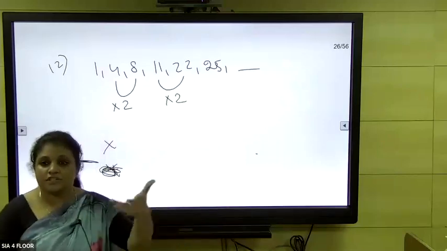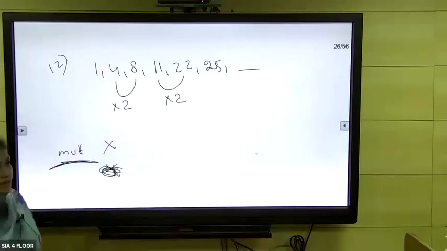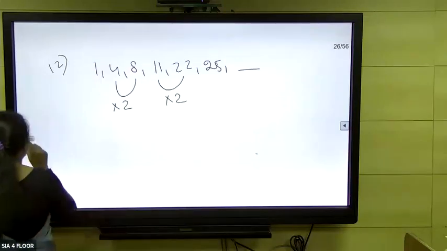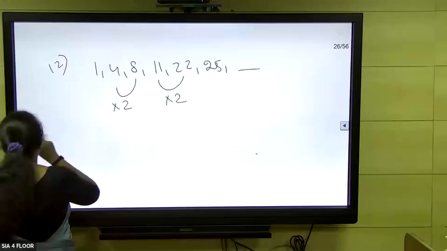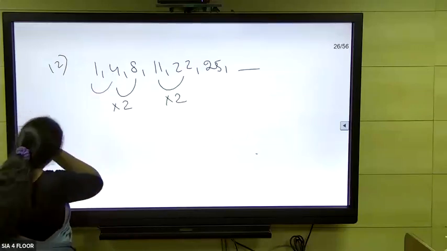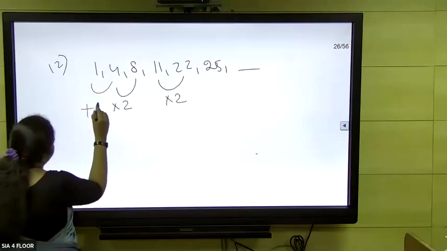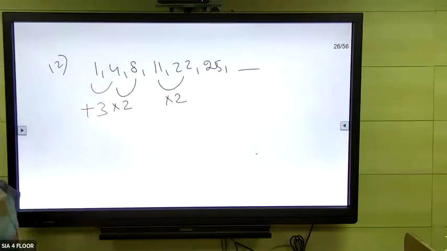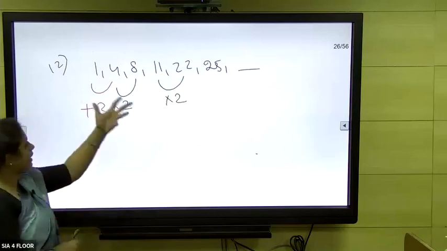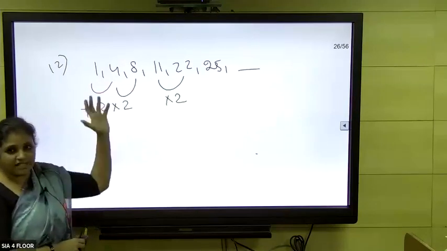The rest of the numbers could be connected in some other way, might be not using the same operator. Now I try to connect 1 with 4. What is the way of getting 4 from 1 in a simple way? Adding 3. Hope you understood what I'm doing, that I'm connecting the rest of the numbers.